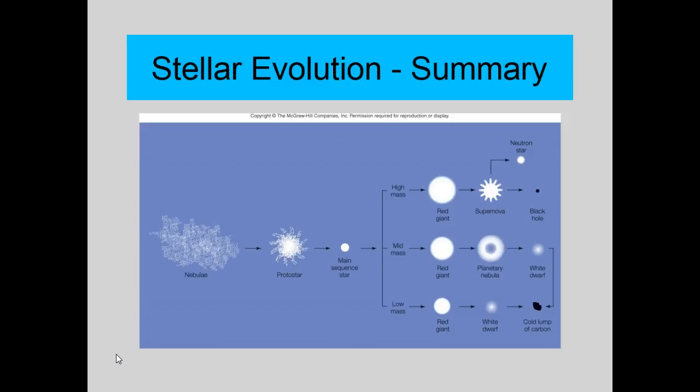So this is a big hot mass, and it can be sizable, probably the size of a continent or something like that. That's for the low mass stars, and the mid mass stars, that's what they all wind up being.